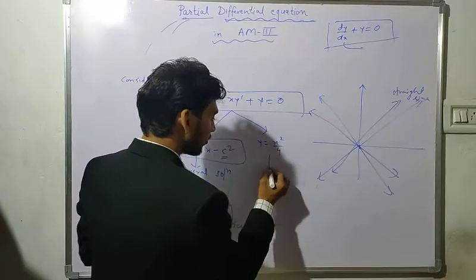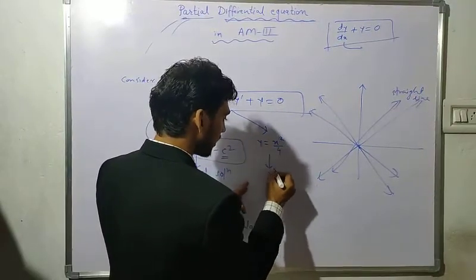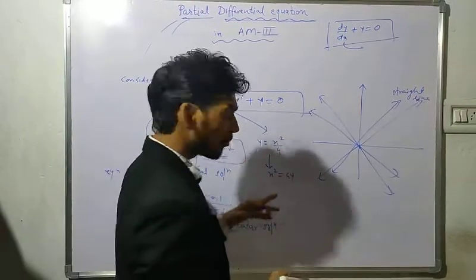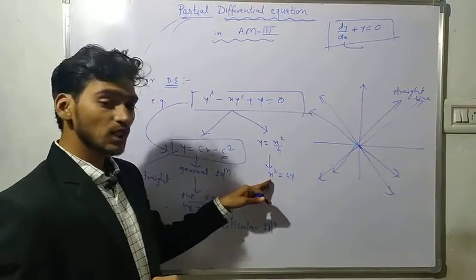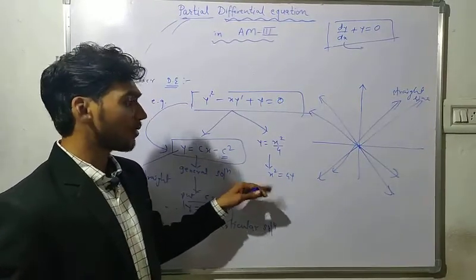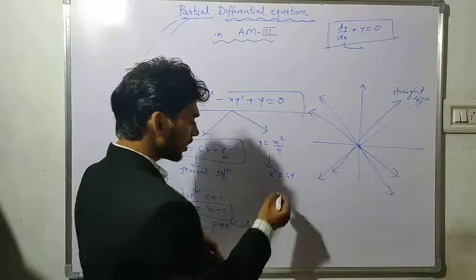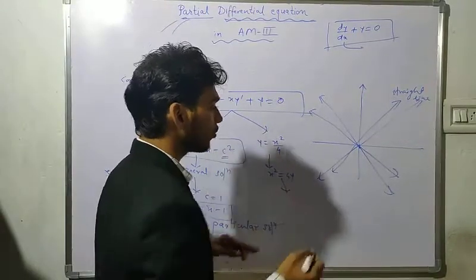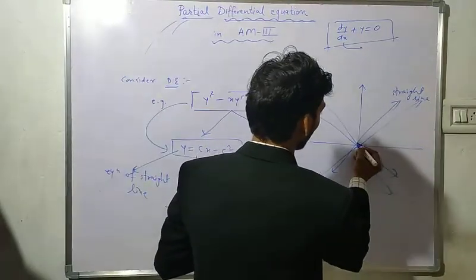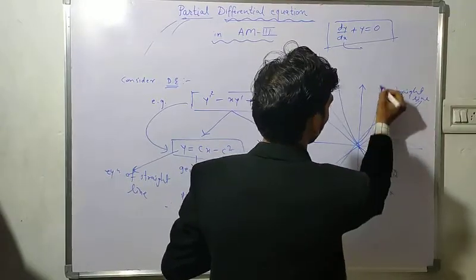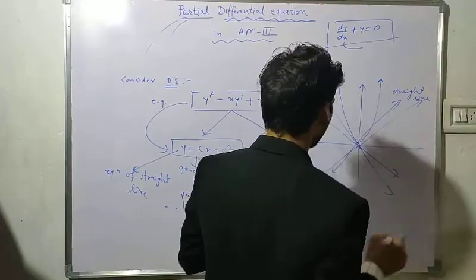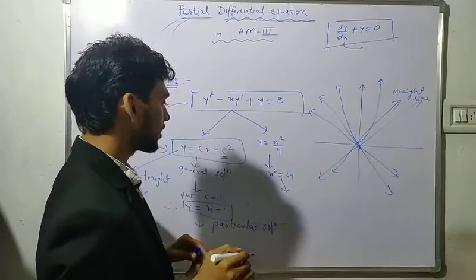And now if we solve this, we will get x square equal to 4y. This equation represents a parabola. So we can make this type of parabola also, which satisfies this differential equation.